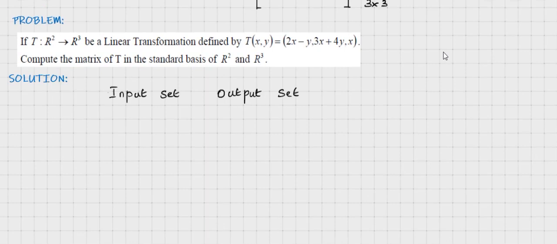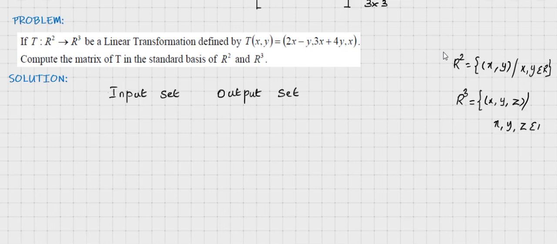That is R2 contains elements in this form, (x, y), where x and y both belong to real numbers. And here the output set is R3. It will contain three tuples, that is (x, y, z), where all x, y, z are real numbers. This is the information about input set and output set.